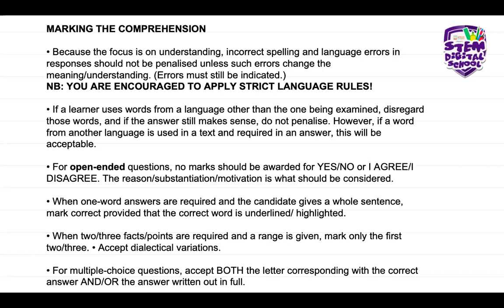When one word answers are required and the candidate gives a whole sentence, mark correct that the correct word is underlined or highlighted. Sorry about that. So just ensure that whatever is correct, just highlight it, or circle it, or whatever. That's what's going to be taken into consideration.